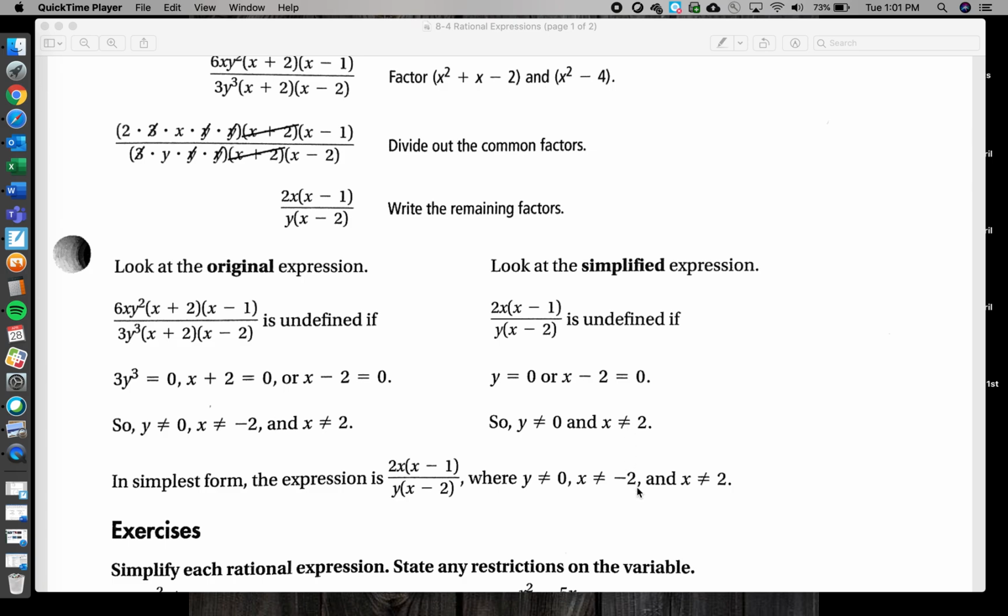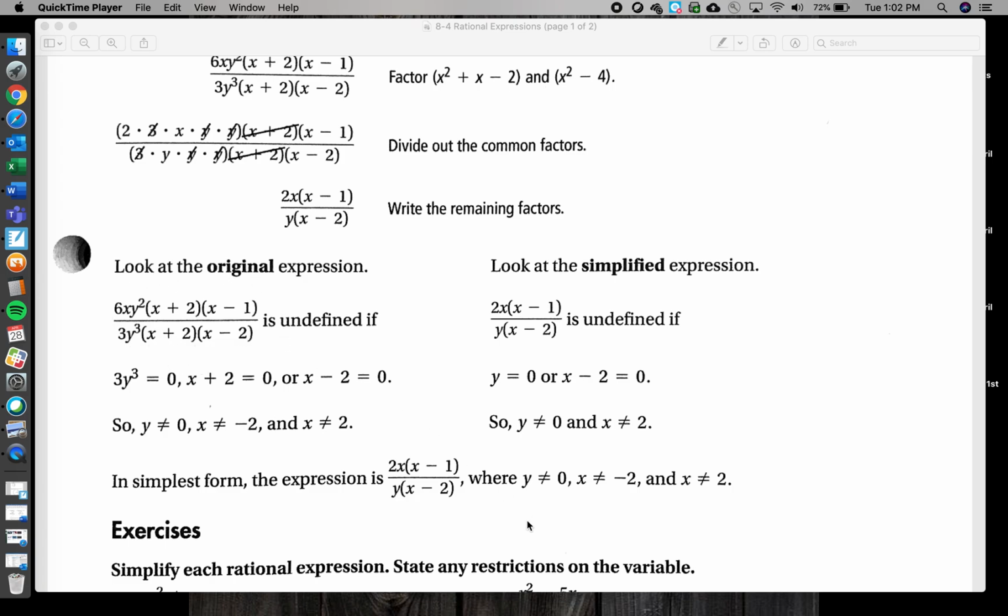But what you need to notice is you had canceled out the x plus 2 as factors, and therefore those went away if you're only looking at your simplified version. So when you are trying to figure out what values x or y or whatever the variable cannot equal, any restrictions that you might have, you need to look at the original factored expression to figure that out.